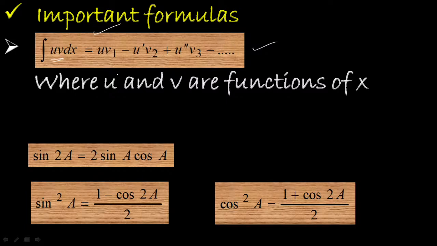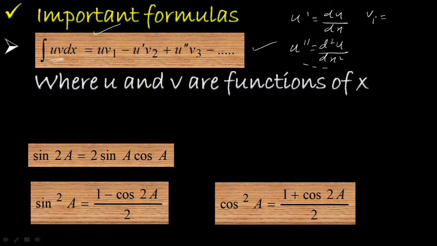Here both u and v are functions of x, where u dash is nothing but du by dx. That is, once you have to differentiate u with respect to x, and u double dash is d square u by dx square. That is, you have to differentiate that twice with respect to x. So u dash, u double dash are successive derivatives, whereas your v is nothing but your function of x.